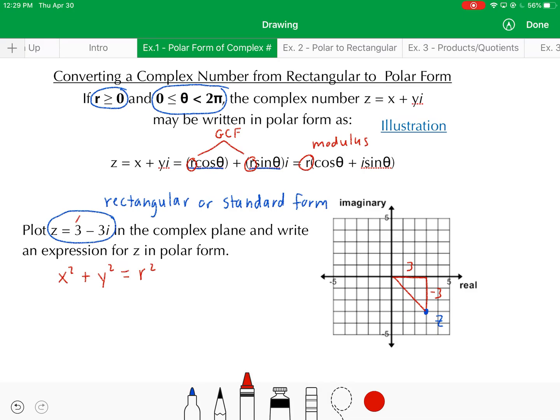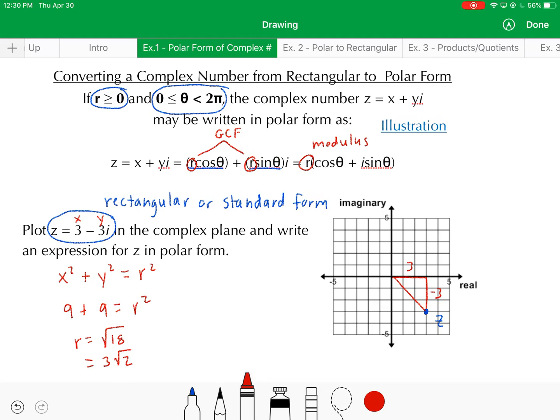So your x is this 3, and then your y is the negative 3. So that's going to lead me to 9 plus 9 equals r squared. Of course, r is going to be the square root of 18, or 3 radical 2. So remember, this is known as the modulus of the complex number.